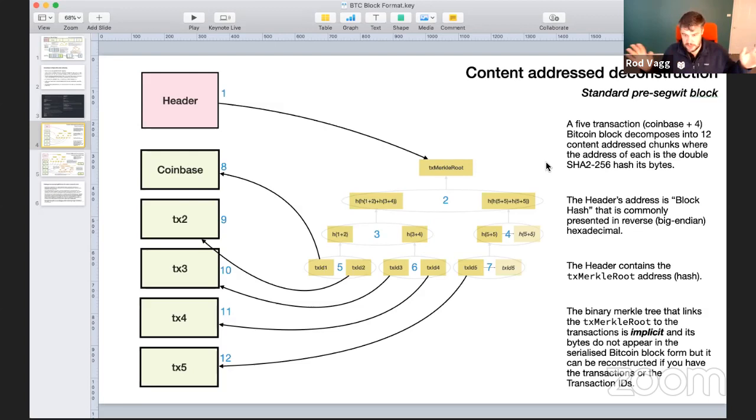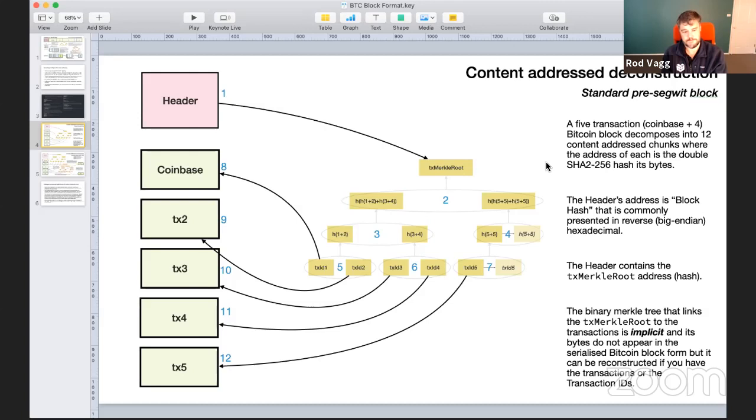So it's a Merkle in the sense that this thing links to all the other pieces of itself in a contained unit. And so the header links to this binary Merkle tree root, and then in there, or if you traverse the nodes, then you get to the base of it, which contains these transaction IDs, which are the double SHA-256 hash of the individual transactions.